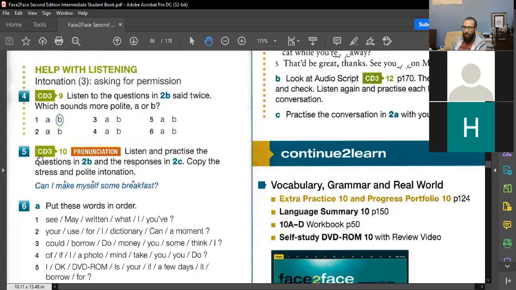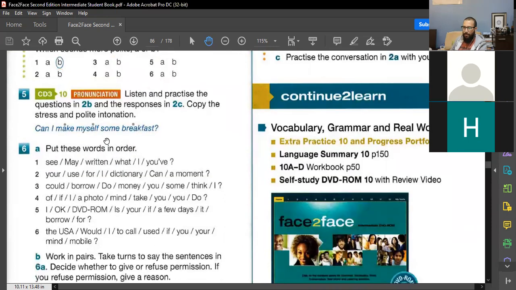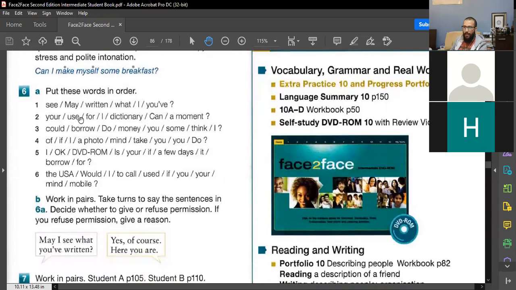Let's take a look. Number 5, we can skip it. Okay, now we want to put these in order. So here we have some words. We want to put them in order, and after that, listen. Okay, let's do it together.